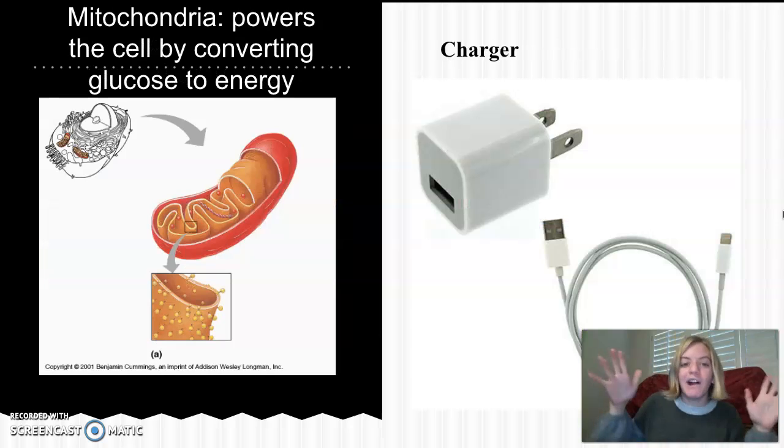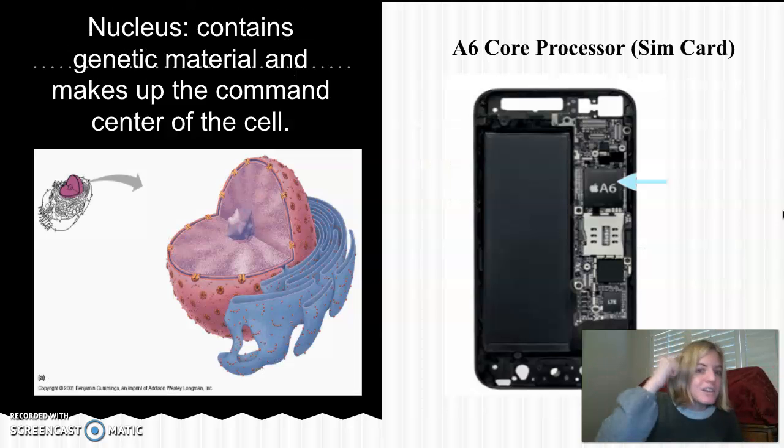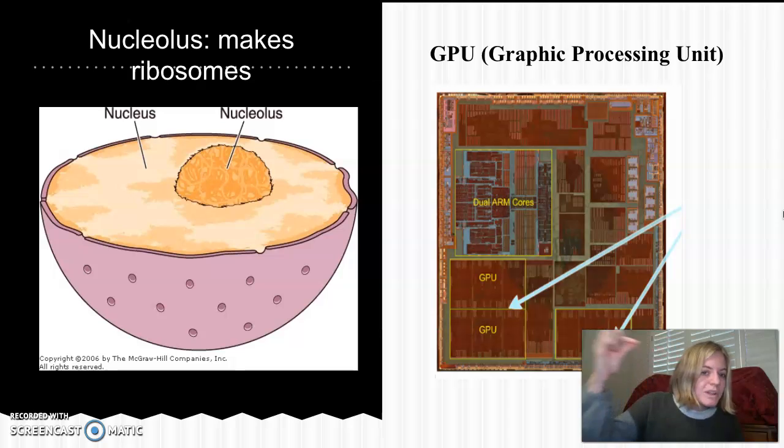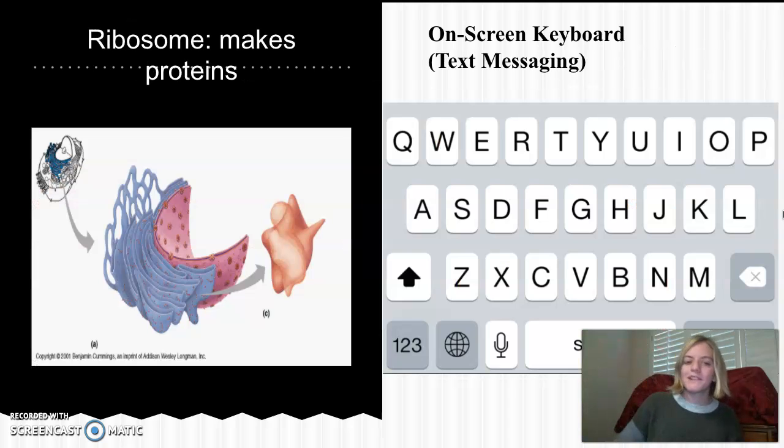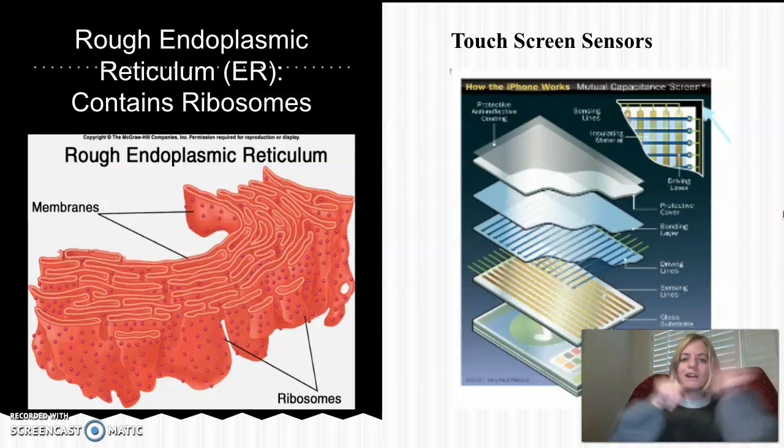We have the mitochondria, which powers the cell and gives it energy. We have the nucleus, which contains the genetic information and is the command center of the cell. The nucleolus, which makes the ribosomes. We have the ribosomes, which make proteins. We have the rough ER, which contains ribosomes and helps them to make more proteins.